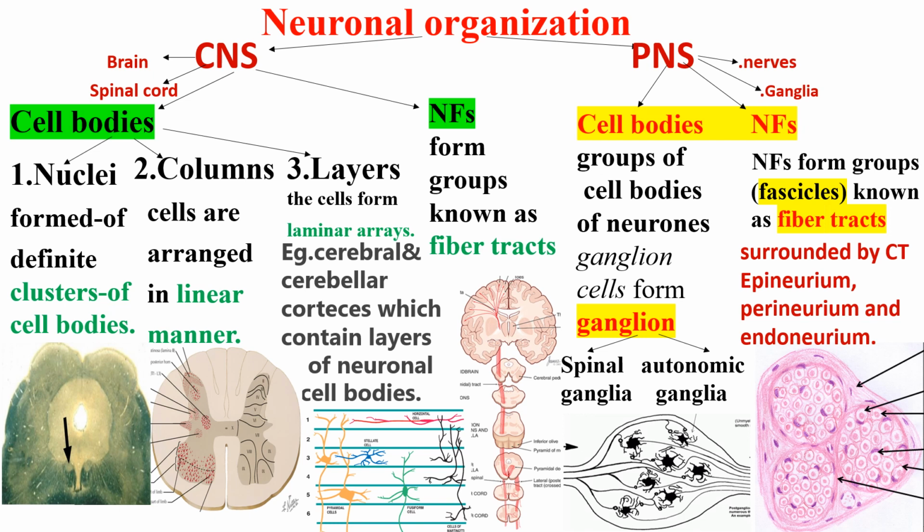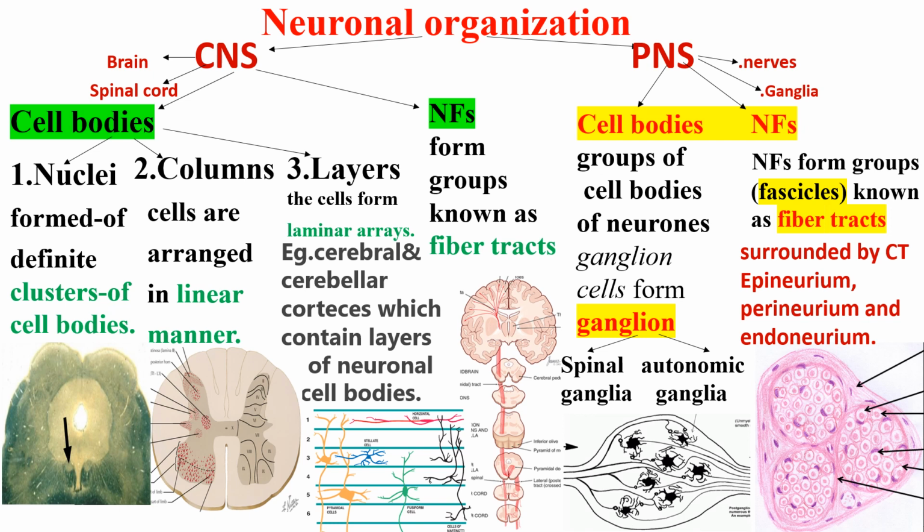Another form of arrangement of cell bodies is columns, formation of columns, which is arrangement in the form of linear manner. The neuronal cell bodies form groups arranged in linear manner, which means that the neuronal cell bodies extend for a distance.